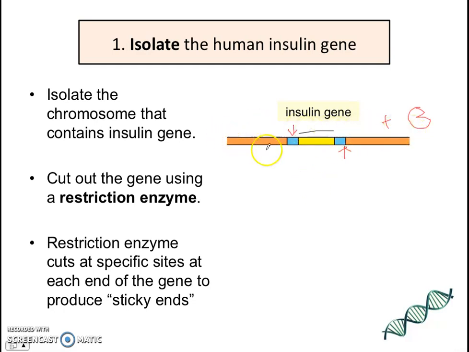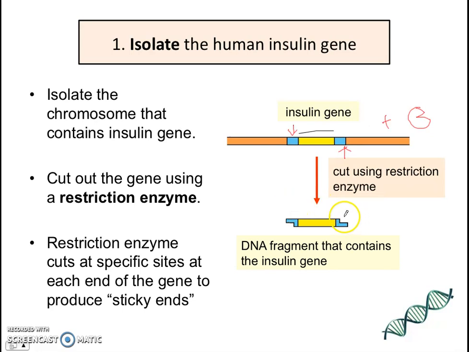So when I cut the gene out using the restriction enzyme, I will produce a DNA fragment, and this DNA fragment contains the insulin gene, and at each end of the insulin gene, there will be what is called sticky ends. Later I'll explain what sticky ends do.